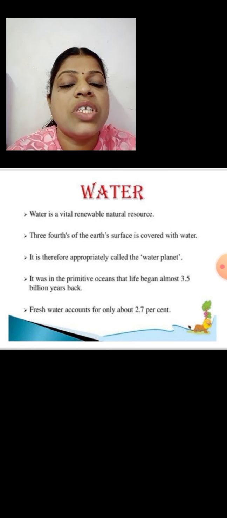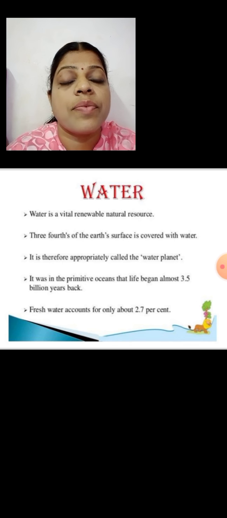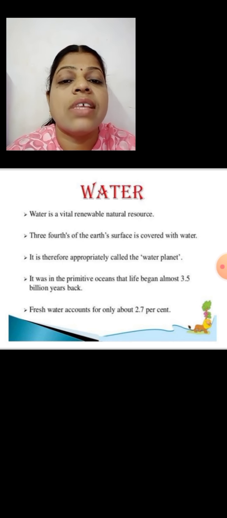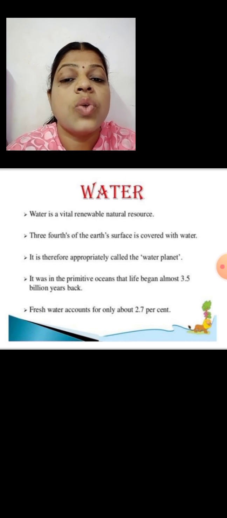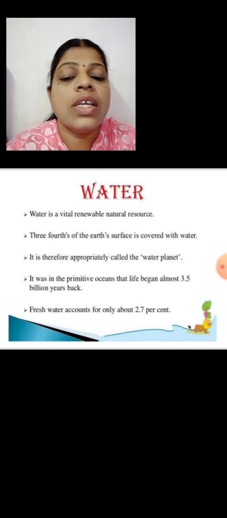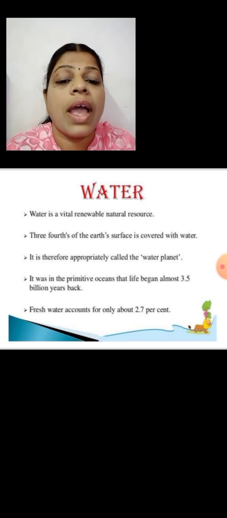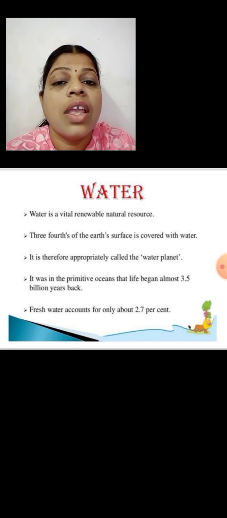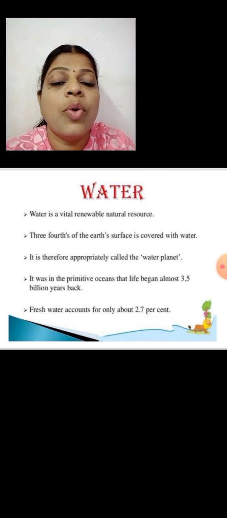It was in the primitive oceans that life began almost 3.5 billion years back, and freshwater accounts for only about 2.7%. So what is this, children, about? It is therefore appropriately called the water planet. Why is it so? Because the earth is a blue planet, isn't it?